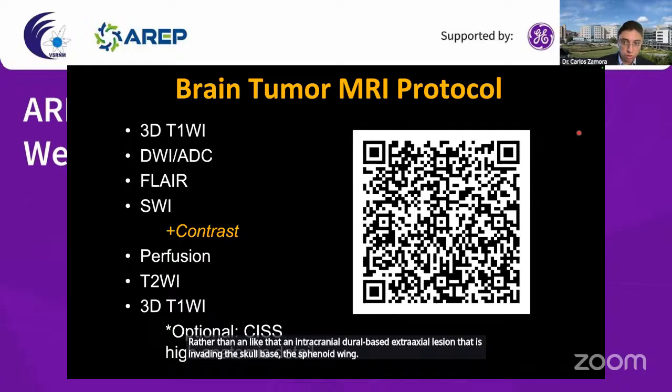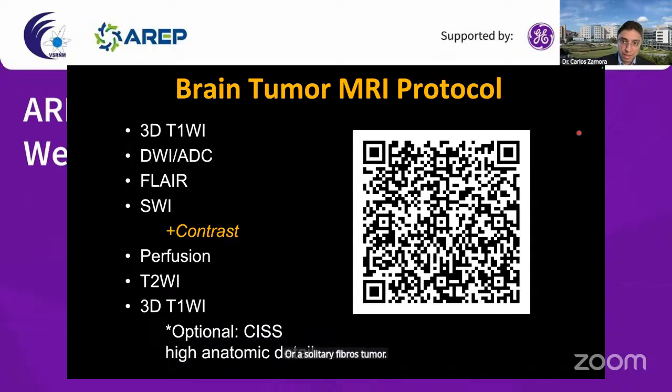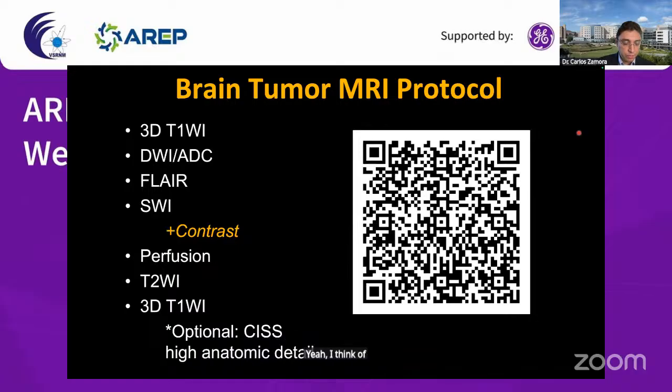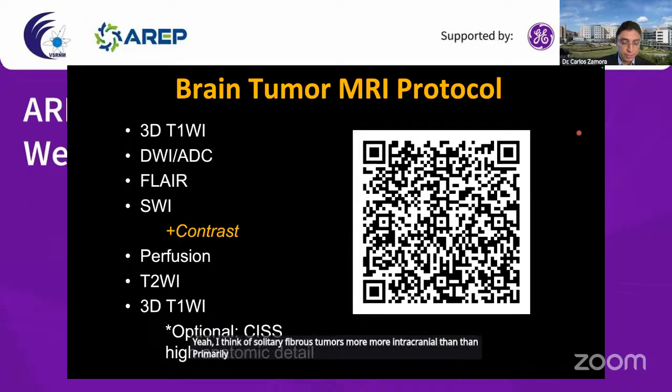That could be a meningioma or a solitary fibrous tumor. I think it depends on how it's behaving, but essentially probably the epicenter. The problem with some of these lesions is when they get large enough, it's hard to know where they started, so there could be some confusion there. But yeah, I think of solitary fibrous tumors as more intracranial than primarily bone based.